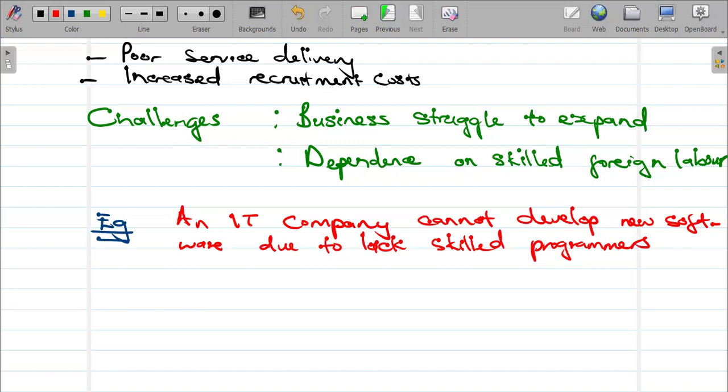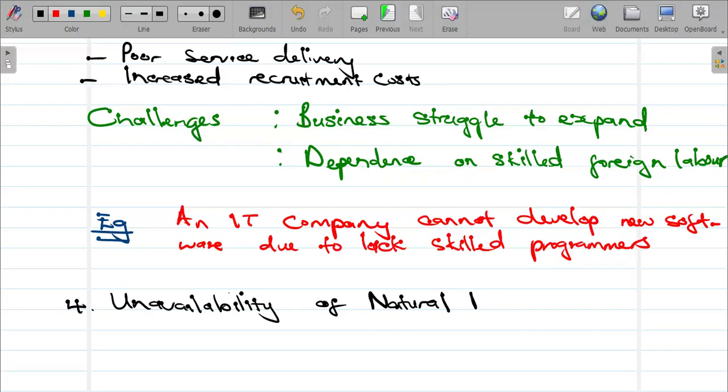Right. So another socio-economic problem that can affect productivity is the unavailability of natural resources.